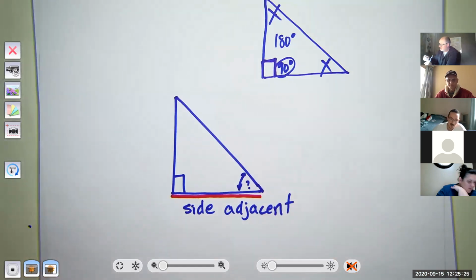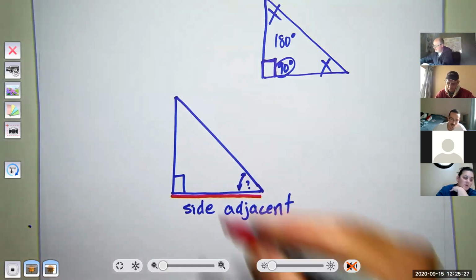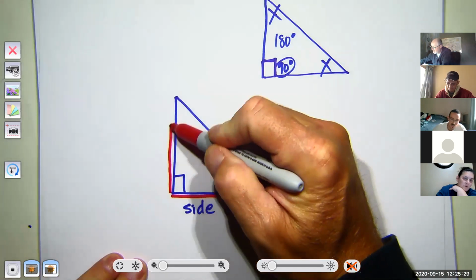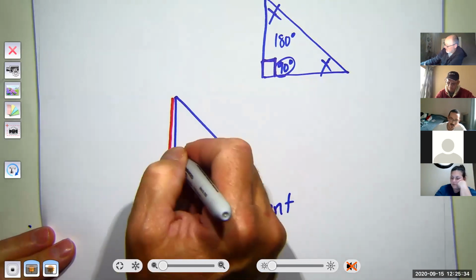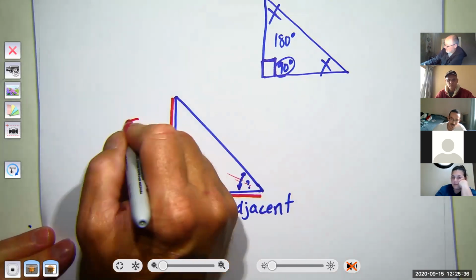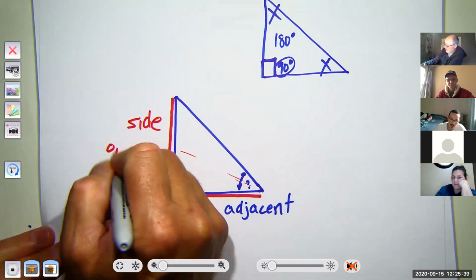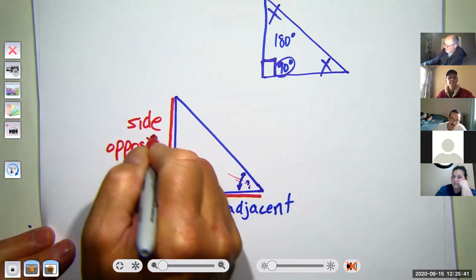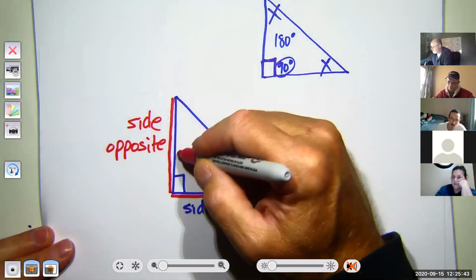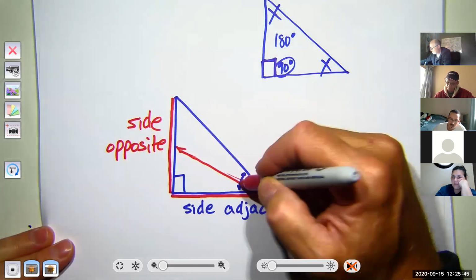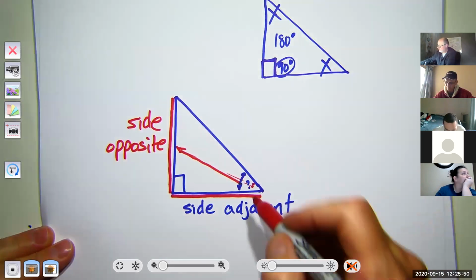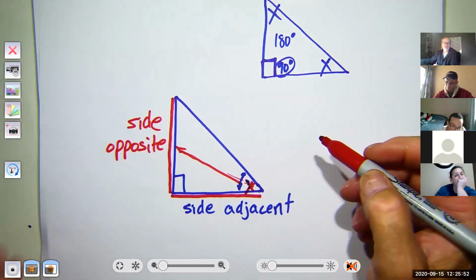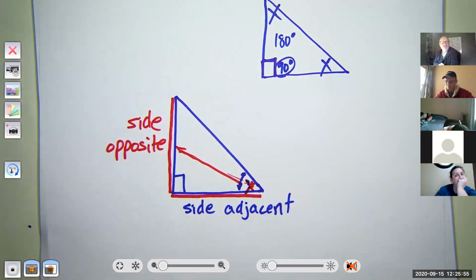This line next, up here, referred to from across this angle, would be the side opposite. So this line is opposite of this angle. I don't know what this angle is, just put an X there. So that line is called the side opposite.